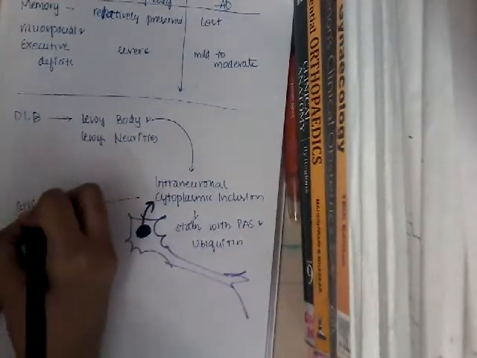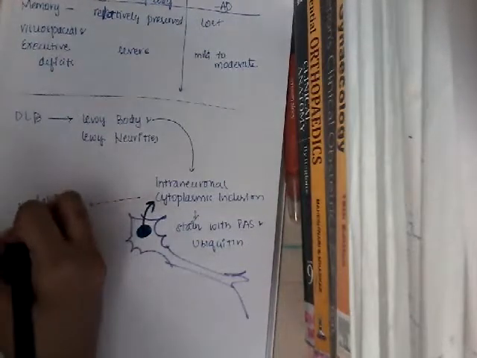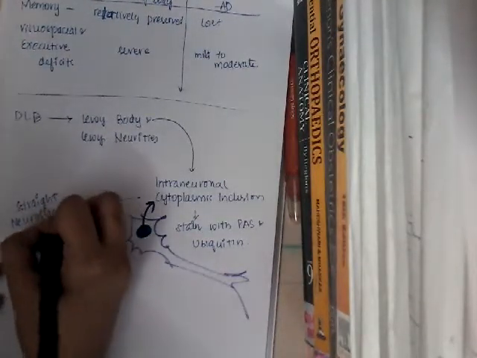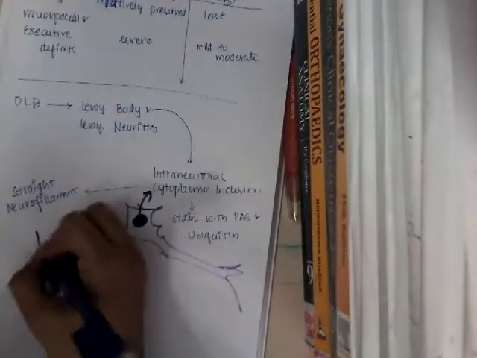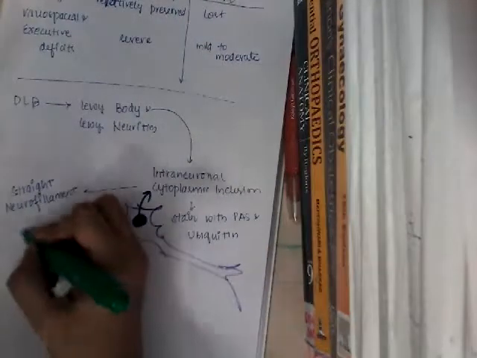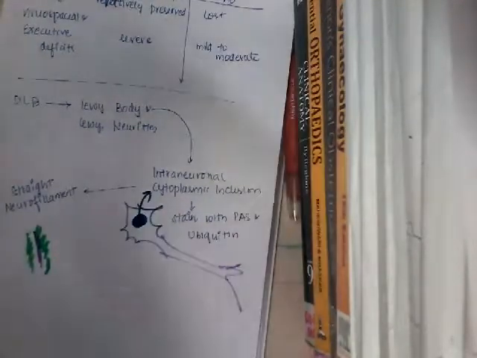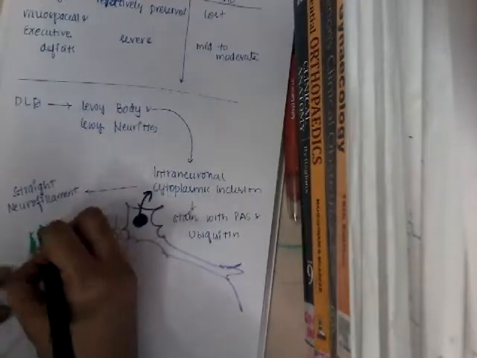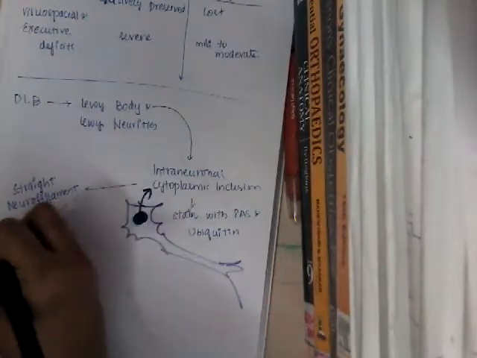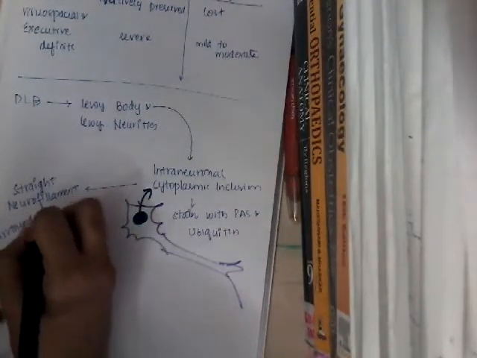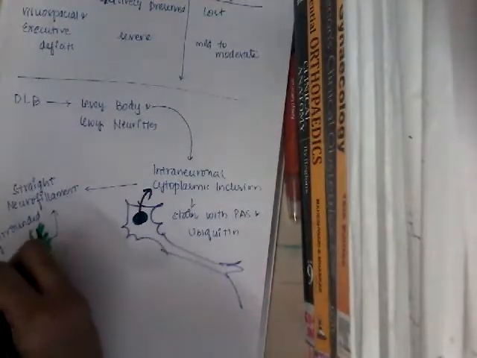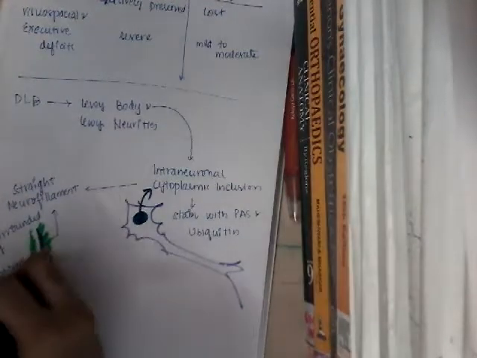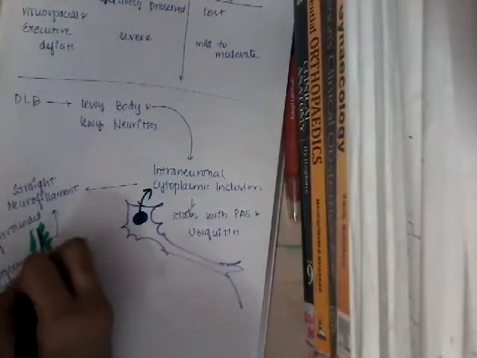There are straight neurofilaments, and these straight neurofilaments are surrounded by amorphous material.